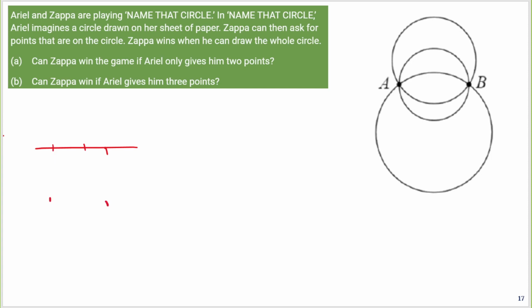But if 3 points are non-collinear, we can actually first draw a triangle, right? We know the triangle has a circumcenter. So using that circumcenter, we can draw a circle there, and that circle is unique.